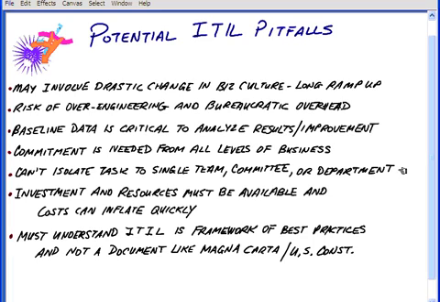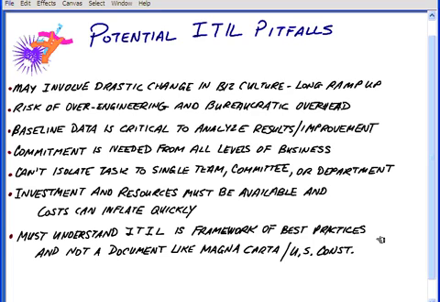In addition, the investment outlay and physical, personnel, and financial resources have to be available to put ITIL into place. And remember, the costs can inflate quickly. And then finally, you must understand ITIL as a framework of best practices. Okay? It's not a religious document. It's not like the Magna Carta or the U.S. Constitution.